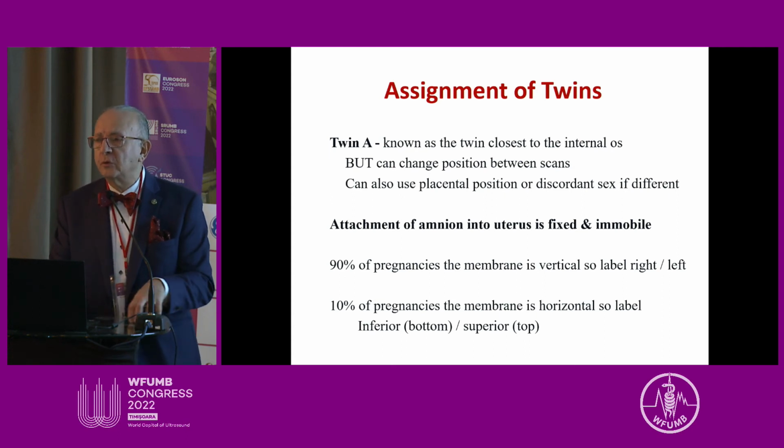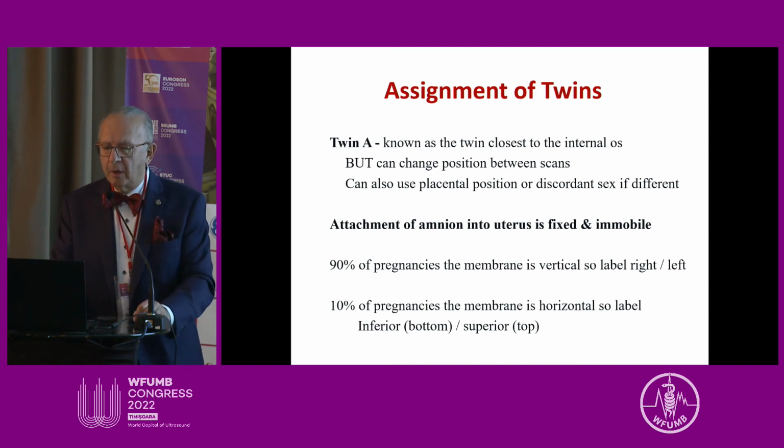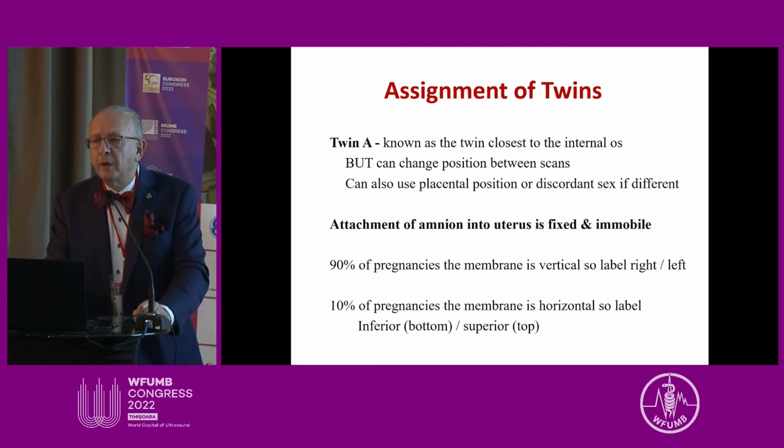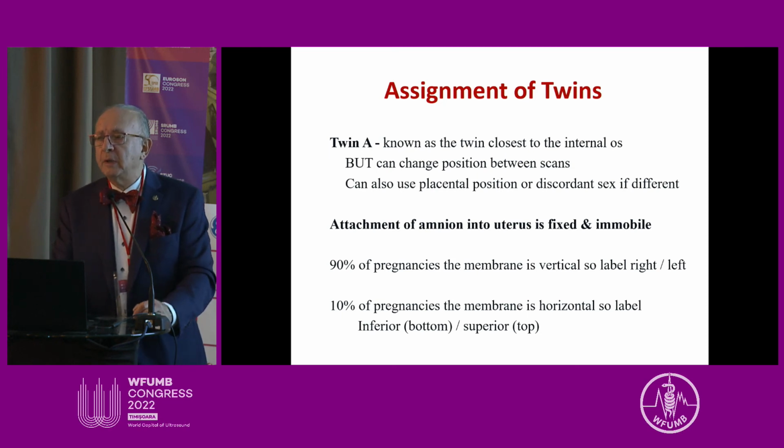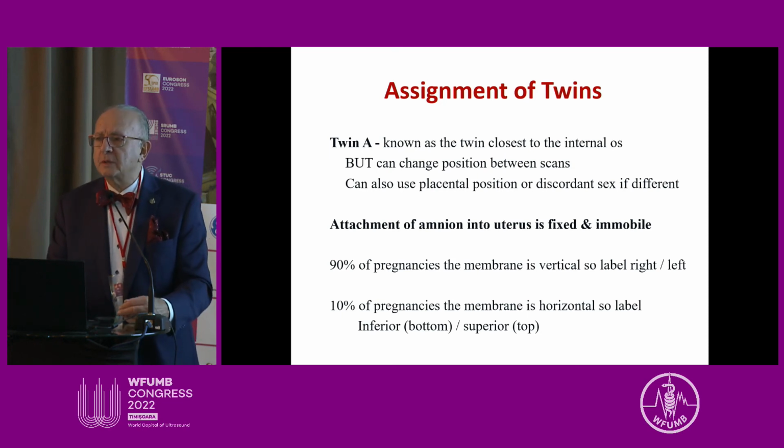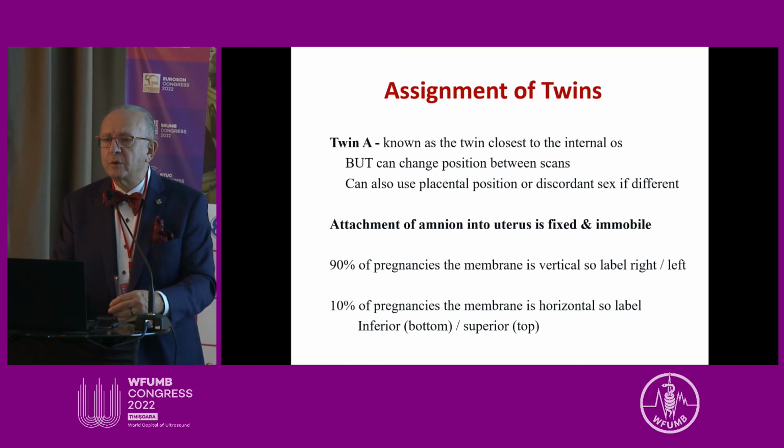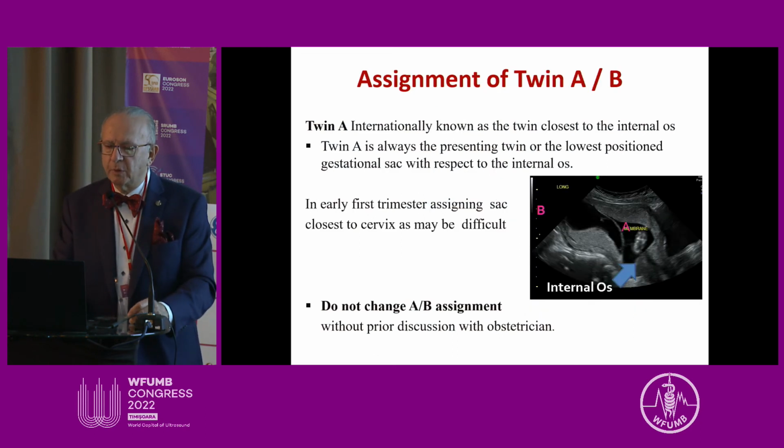If you don't do that, you can't compare the weight if you confuse A and B. So in general, we keep A and B. In 10% of cases, the membrane is actually horizontal, which makes it easier to determine which one is A and B, and they won't switch.